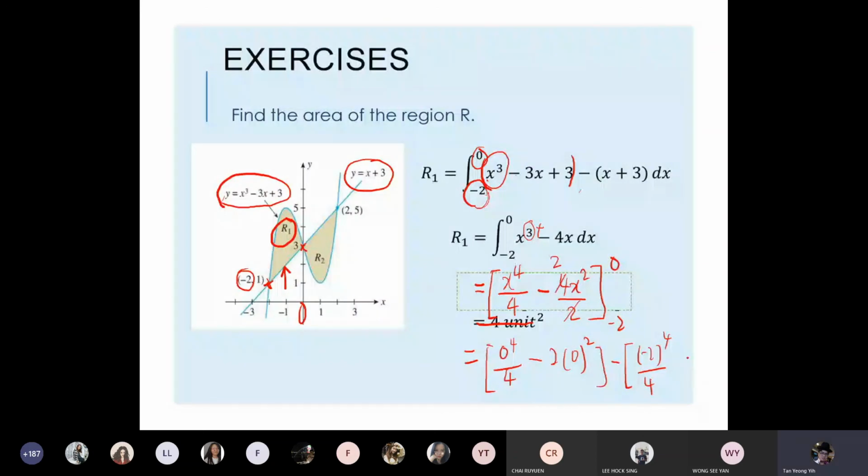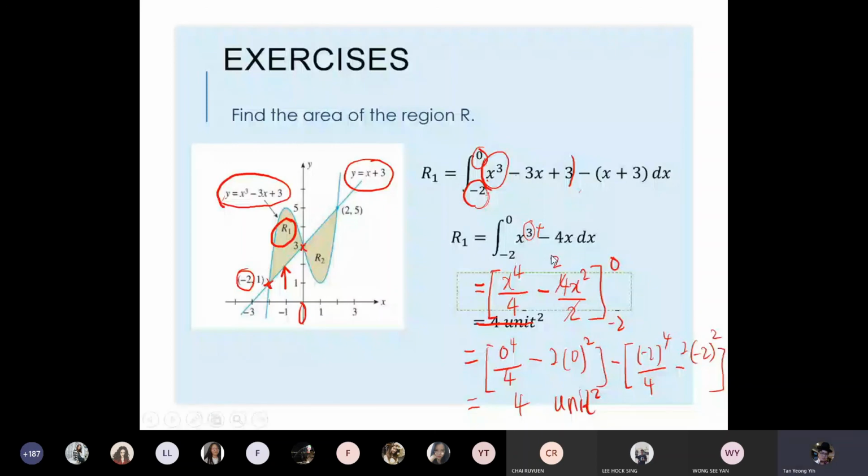Then use the calculator to solve this, and we get the answer: 4 units squared. Any questions here?